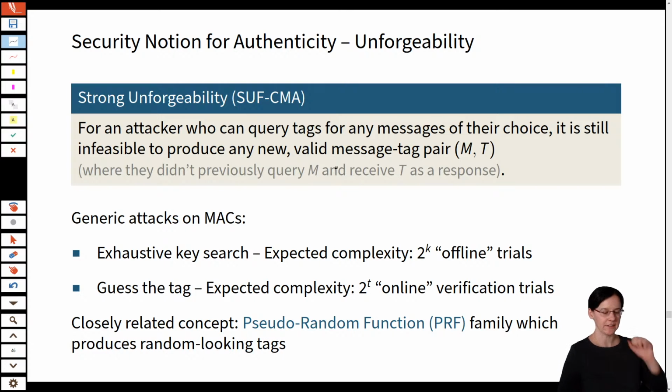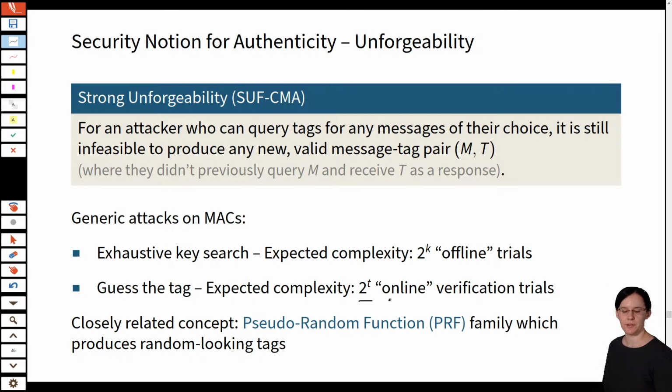There is a second type of attack, namely guessing the tag for a particular message. So here I don't even try to find out what the key is. I simply try to guess, if this is the message, what could be the correct tag. And if the tag is t bits long, then this is successful with probability of 2 to the minus t.